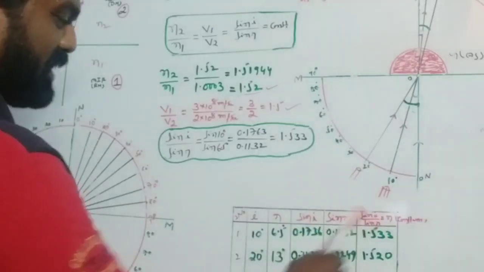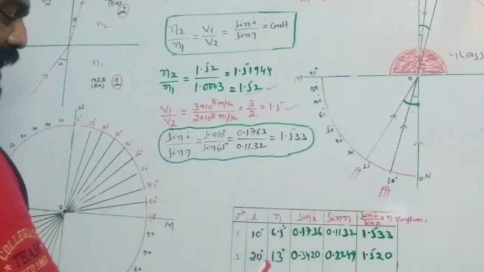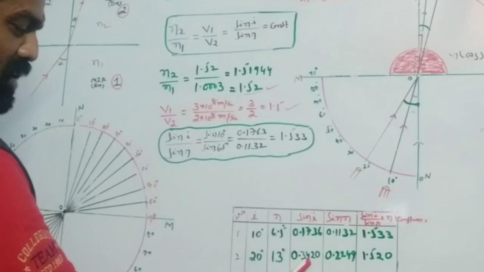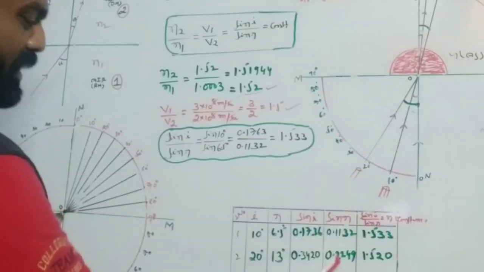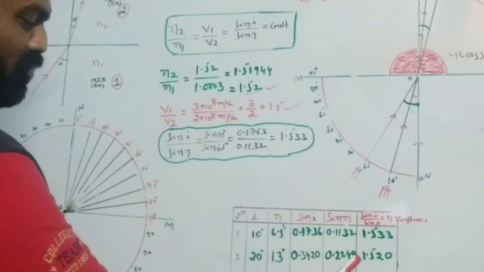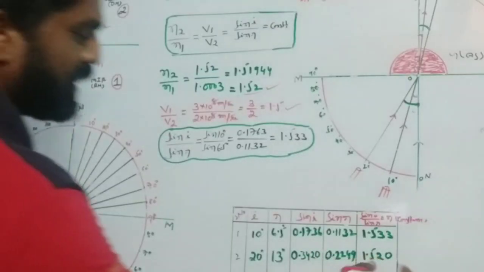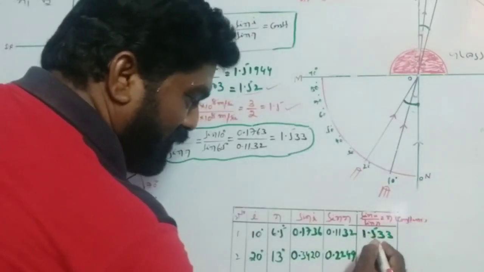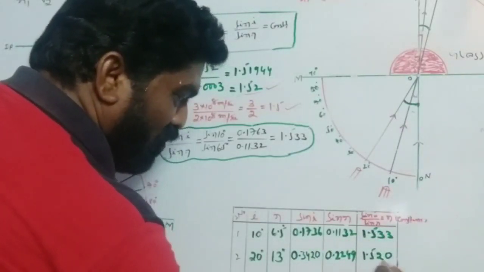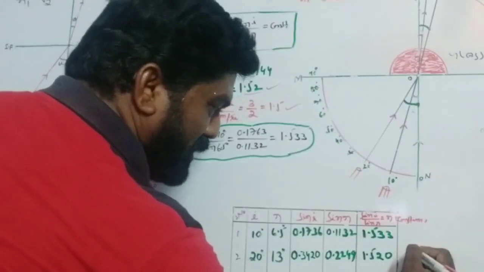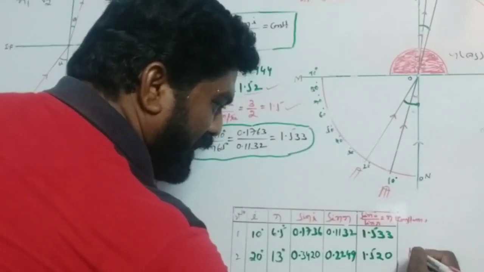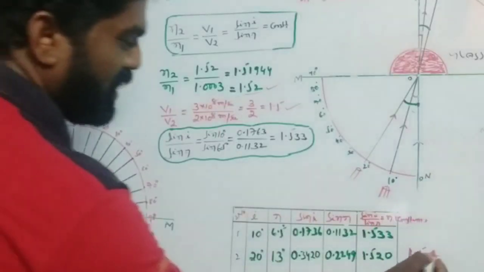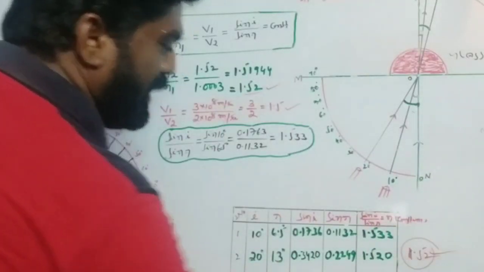Now do sin I by sin R. That is 0.3420 by 0.2249, and now we get 1.520. So here we get first 1.533, then 1.52. Approximately that value is 1.52. So sin I by sin R gives 1.52.